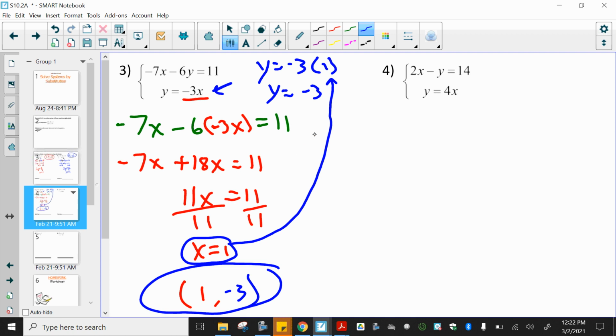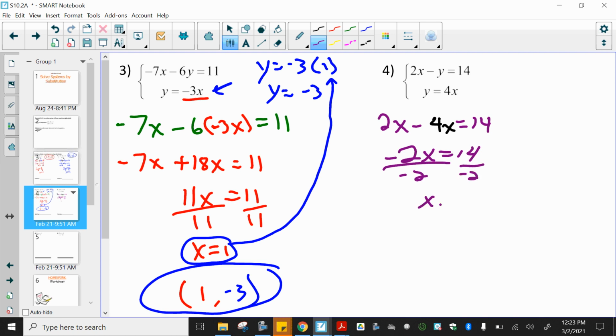Alright, let's see if it makes more sense over here. Alright, let's try it. 2x minus, y is this, so we'll do that. So minus 4x equals 14. So I'm going to look. First step, combine like terms. 2x minus 4x is negative 2x equals 14. Divide by negative 2. X equals negative 7. Alright, so I know my first ordered pair is going to start with negative 7.